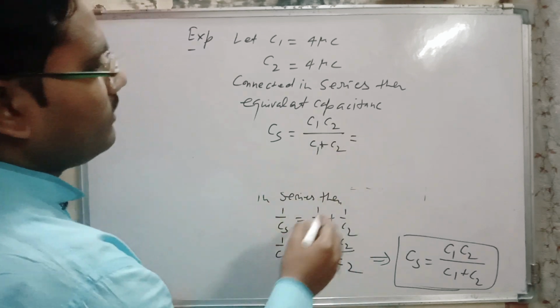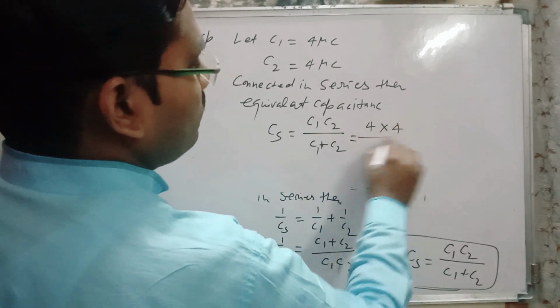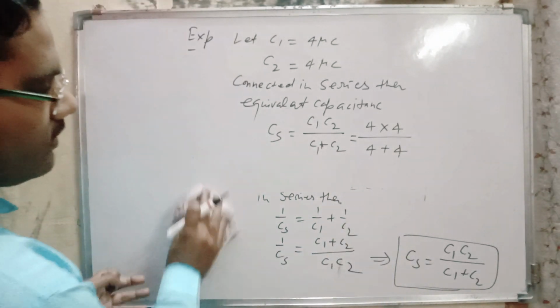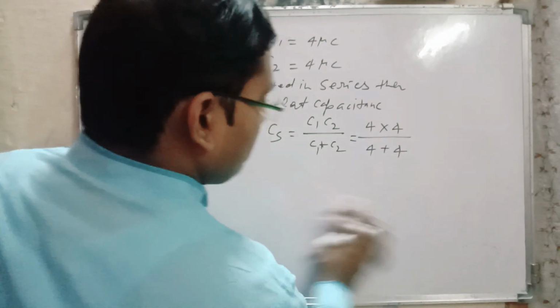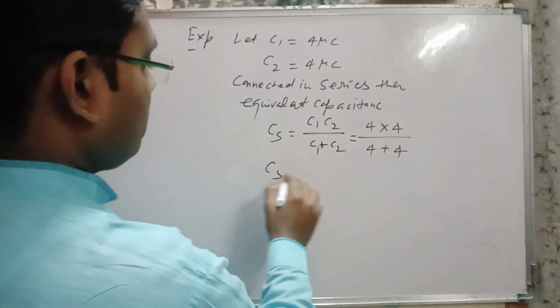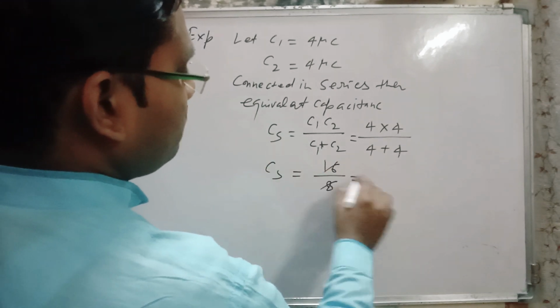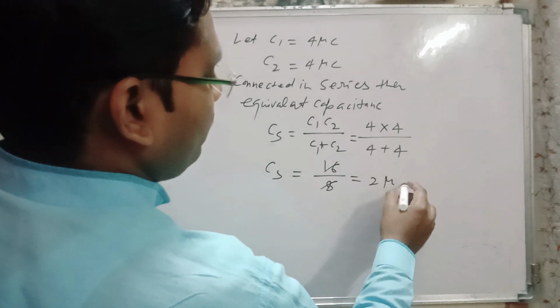Now substituting the values here, 4 into 4 upon 4 plus 4. Now Cs is equal to 16 upon 8, that means 2 microfarad.